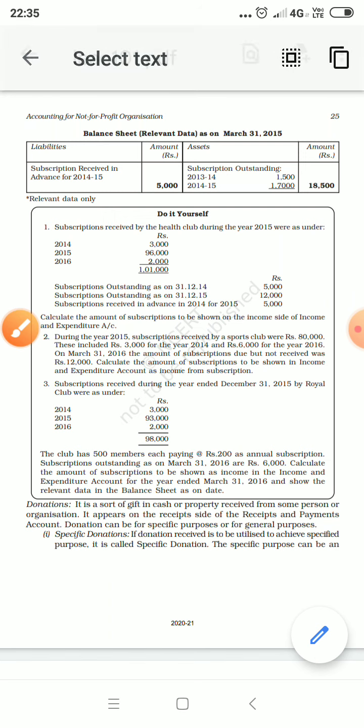We'll read the full question. Subscription outstanding as on 31st March 2016 are 6,000. Now, this is a printing mistake. This must be 2015.